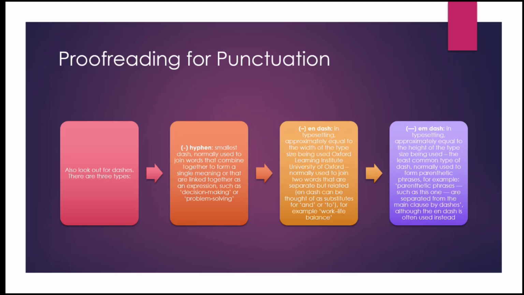The first one is without the apostrophe, and that is the "its" that shows belonging. So "it's my book" means it is my book. So you have to put the apostrophe to show "it is." But "its" without the apostrophe is when you want to show belonging.